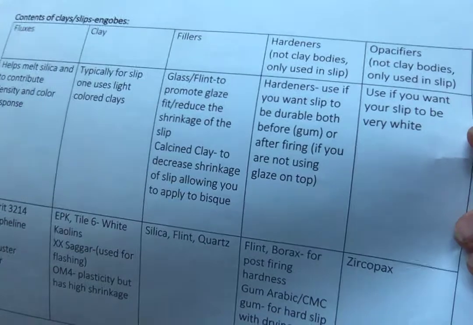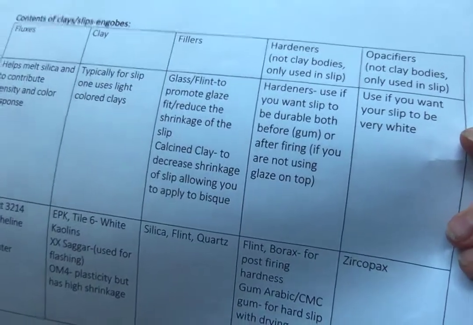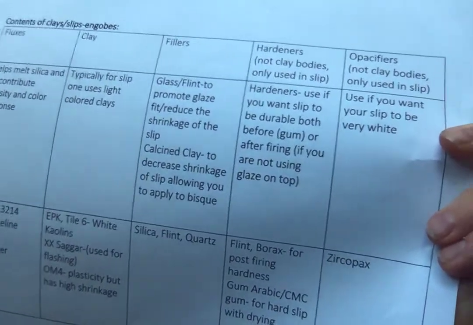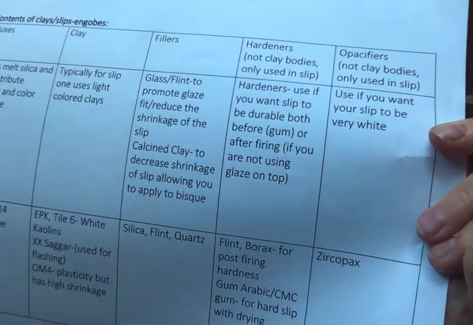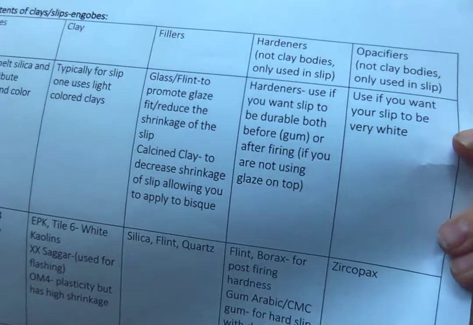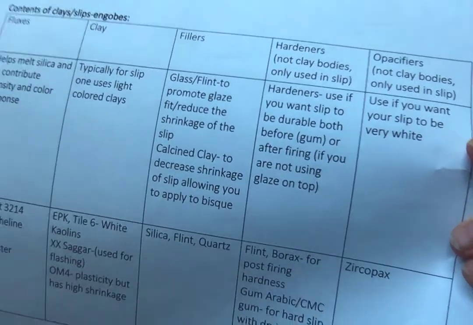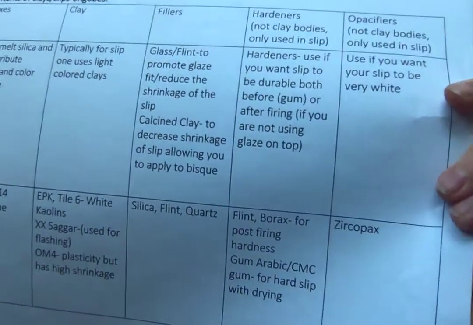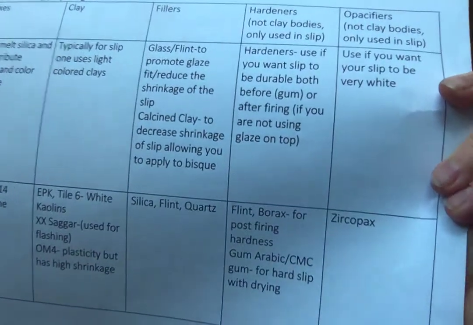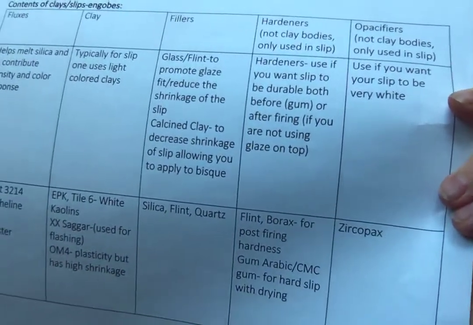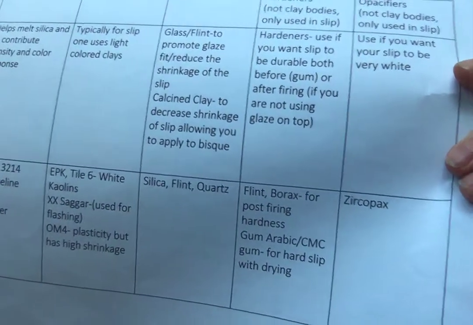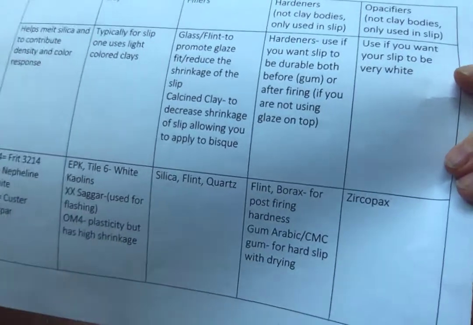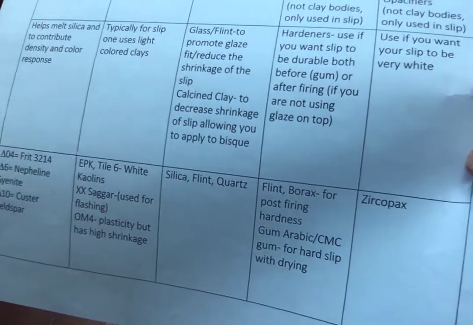Basically it's pre-shrunk. It behaves mostly like clay, but it doesn't shrink the way typical clay does. So that's going to be a really welcome addition when you're trying to make a bisqueware application for your slip. To summarize, your fillers might be calcined kaolin, silica, flint, or quartz, which are all basically interchangeable words for the same thing.